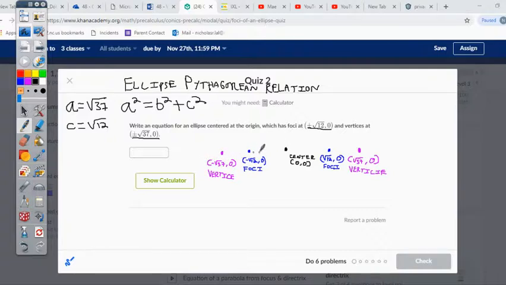I'm starting to visualize the ellipse here, but if you're comfortable and understand the ellipse, you don't have to do this visualization part. You can just know that the semi-major axis is equal to root 37 and the focal length is equal to 12. So A is equal to root 37 and C is equal to the square root of 12.